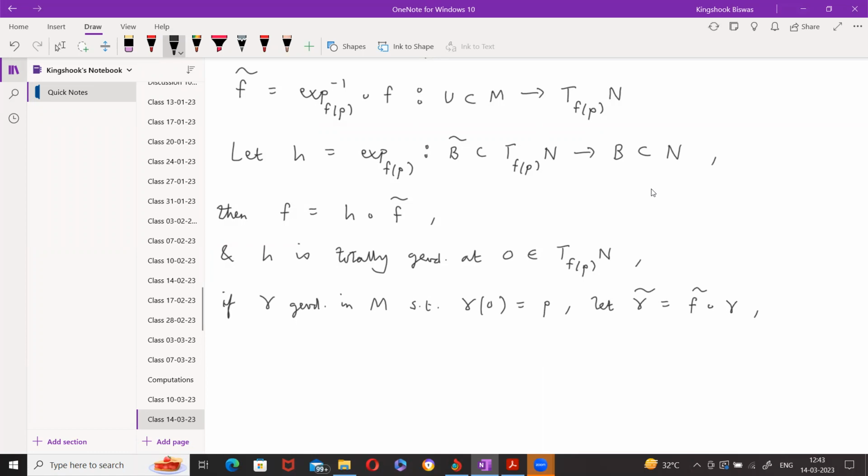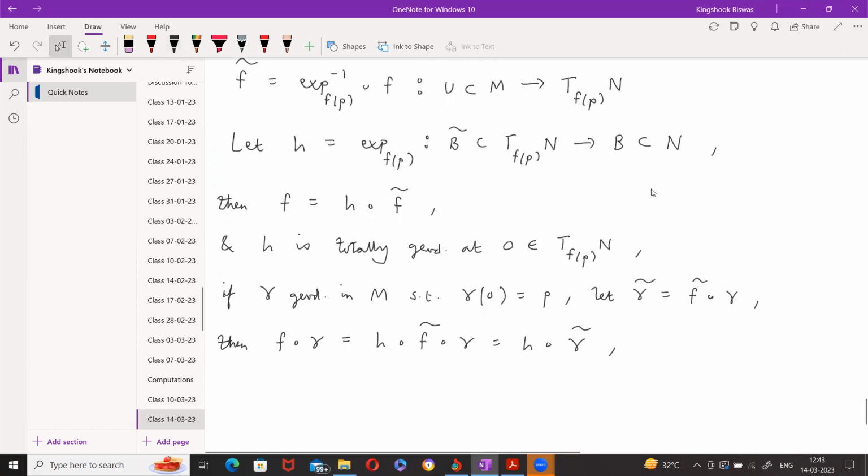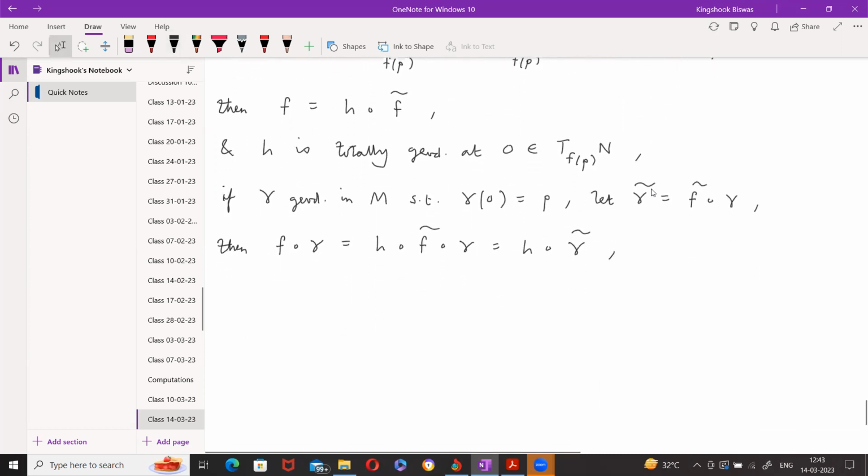Then F composed with gamma is H composed with F tilde composed with gamma. So F tilde composed with gamma, I'm calling gamma tilde, right?